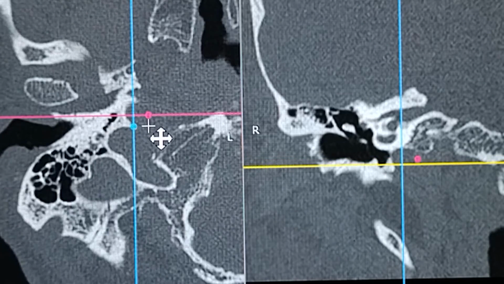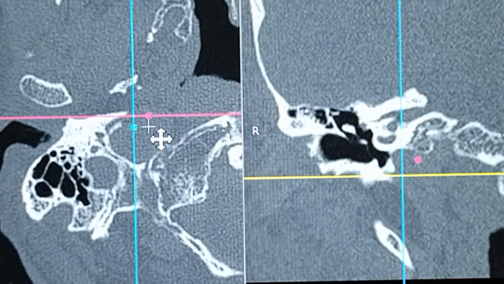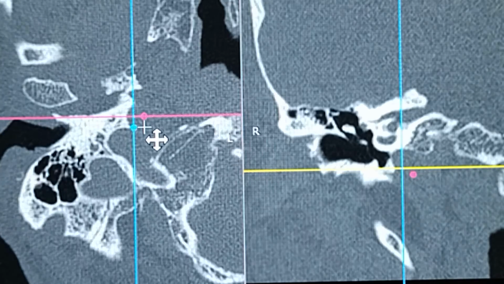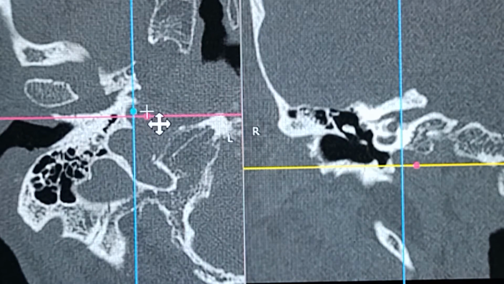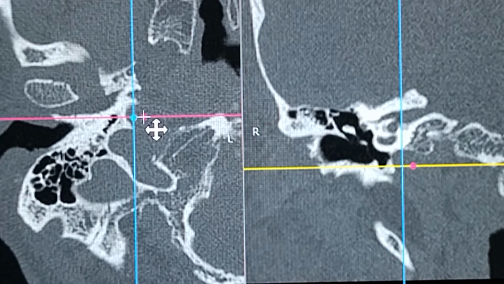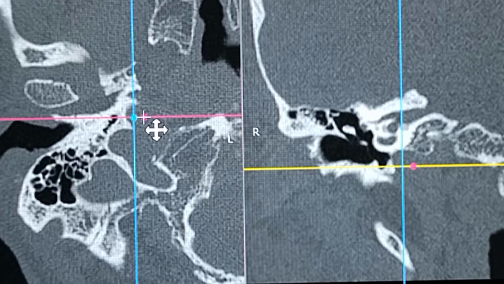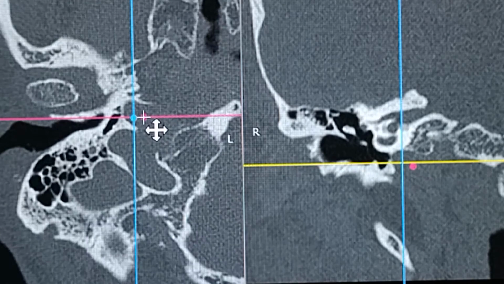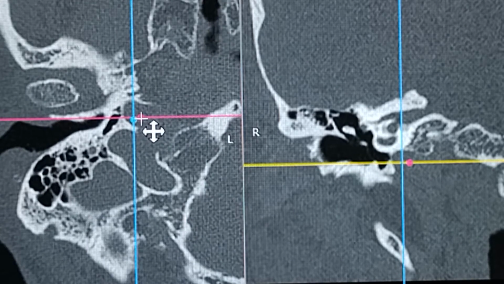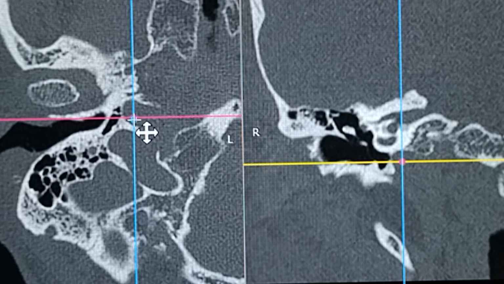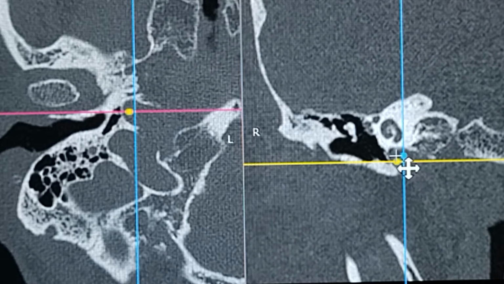So what I'm showing you right now, if I'm going below, you can see a faint shadow of the ICA appearing. This is basically the part of the ICA which has just entered the carotid canal at the base of skull, and this is a short vertical. See, as we are going above, and I'm keeping my navigation cursor over here, you can see it's still the vertical segment of the carotid.